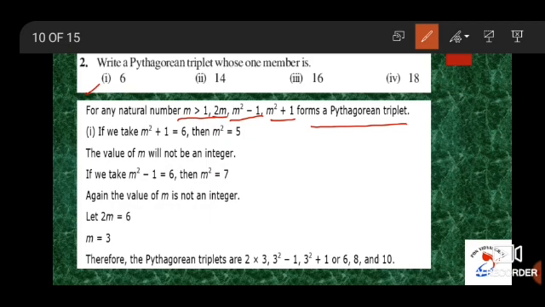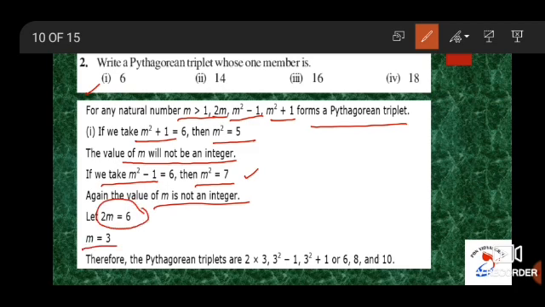First, if you take m square plus 1 equal to 6, you will have the value for m square as 5. The value of m will not be an integer. If you take m square minus 1 equal to 6, then m square will be 7. Again it is not an integer. Suppose you take 2m as 6, you get the value for m as 3. Now you have to find the Pythagorean triplet, that is, m square minus 1 and m square plus 1.